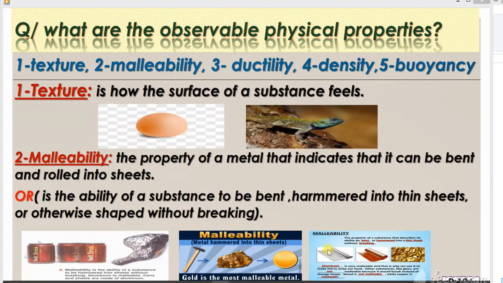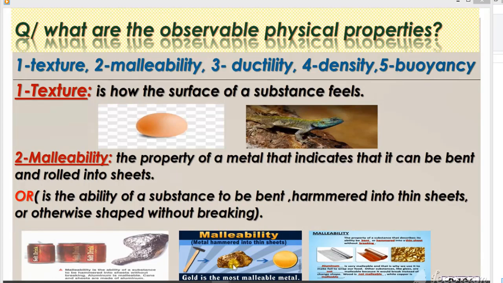This is foil made of aluminium. Aluminium is very malleable, and that is why we use it to make foil to wrap our food. Other substances like glass are not malleable because it would break instead of changing shape. Wood is not malleable while copper is malleable.